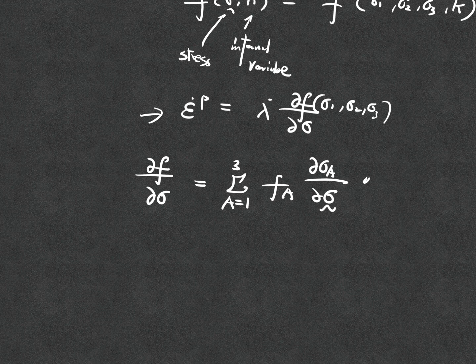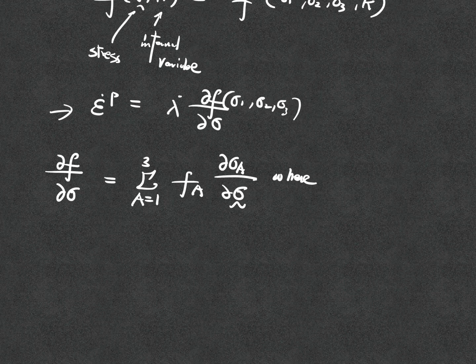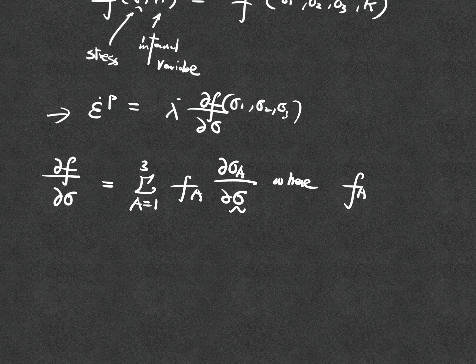And FA is equal to the partial derivative of the yield surface with respect to only the principal stress. Okay, you see what I mean?